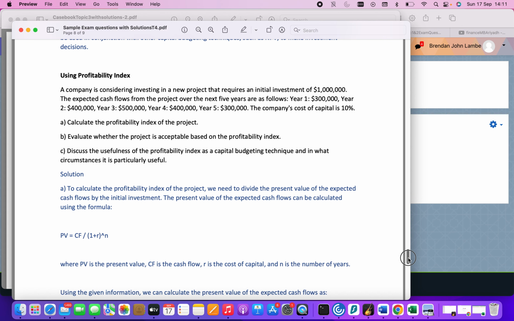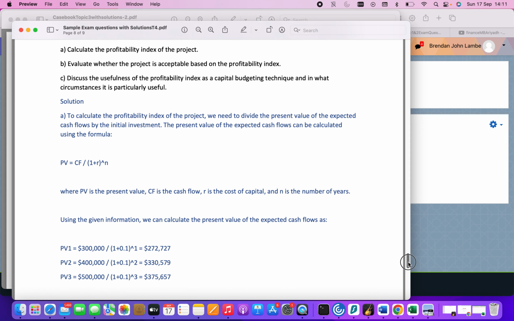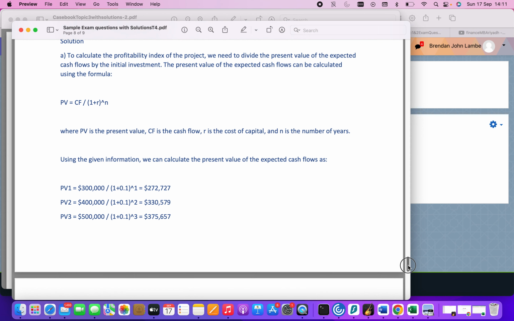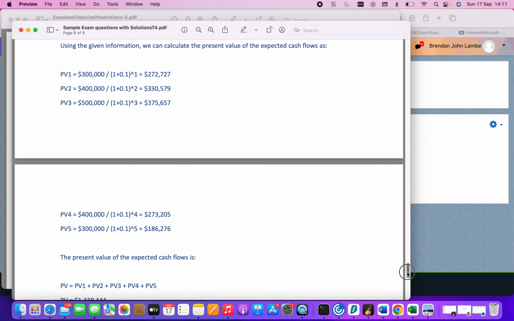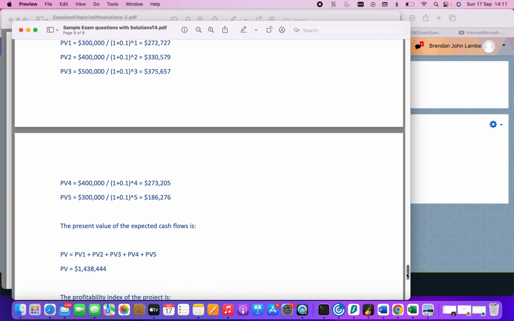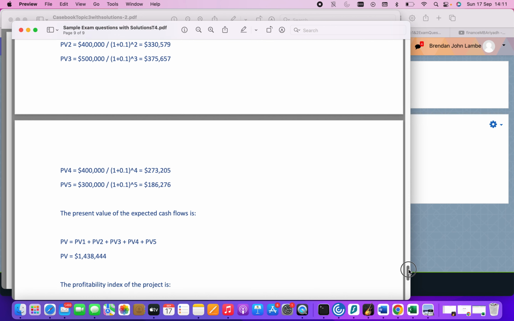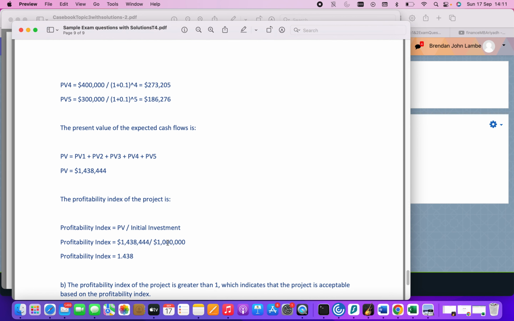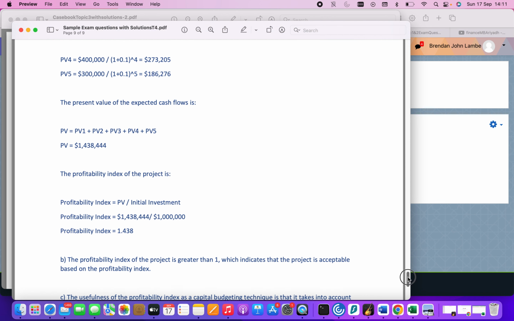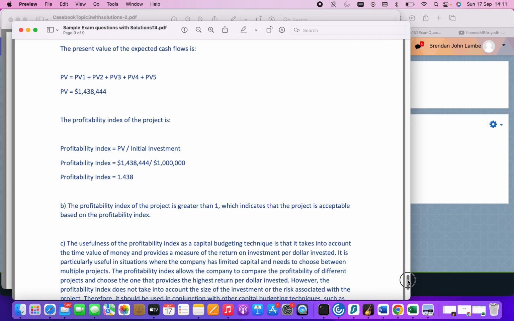So, solution A. Again, this is an NPV calculation, just as you'd expect, and we see our present value of 1.438 million. Therefore, when we divide that by the initial million invested, we have a profitability index of 1.438, greater than 1, so we accept.